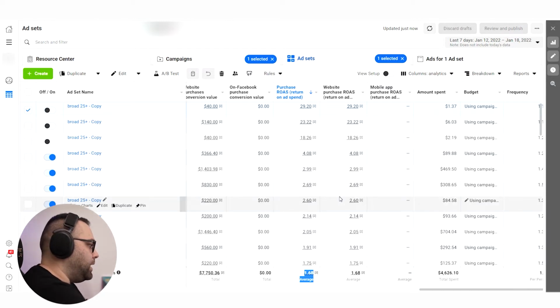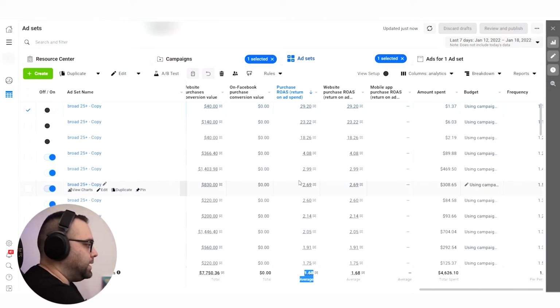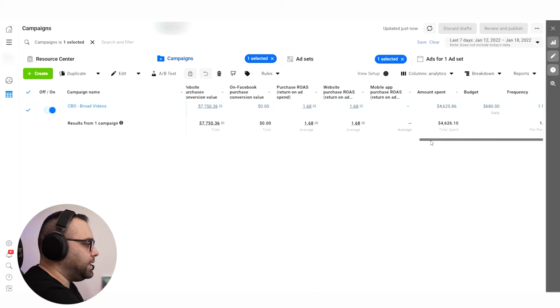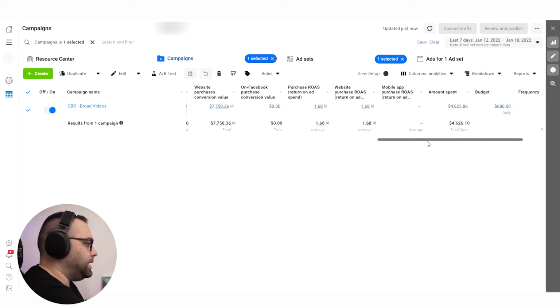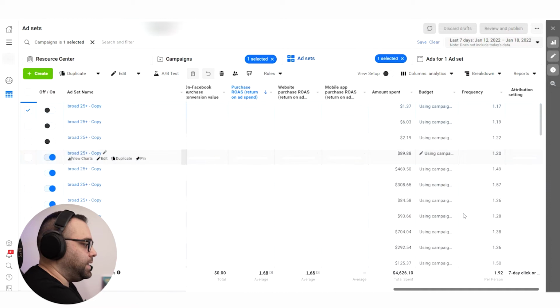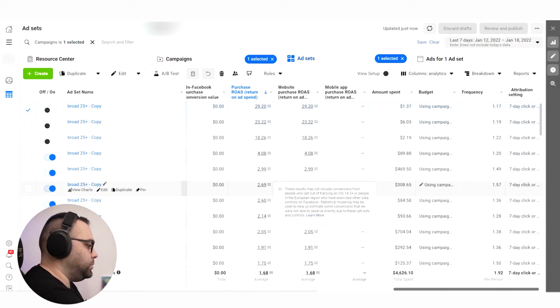Now let's optimize this one, okay? Let's see how we can actually optimize it. Let's filter this by selection, and let's come now here, and let's see that this one is spending $680 daily. In the last 7 days result, we are having 1.68, which is not something that we are happy with.